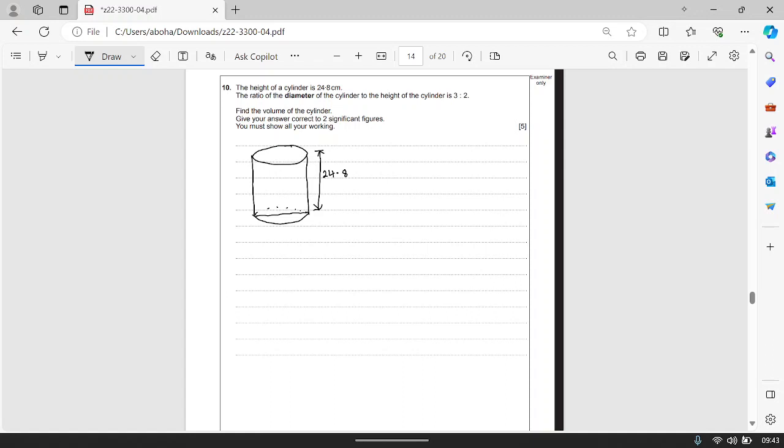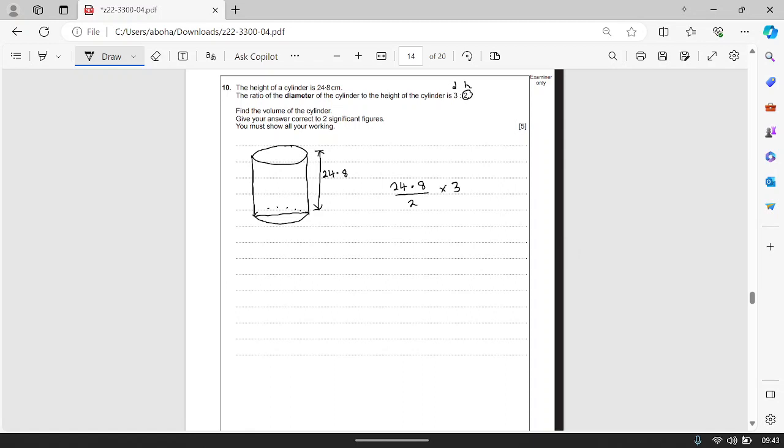So what they're saying is the ratio of the diameter to the height is in the ratio of 3:2. So we know that the height has a ratio of 2. So if you go 24.8 divided by 2, then you multiply by 3.